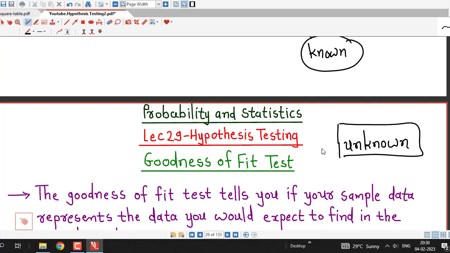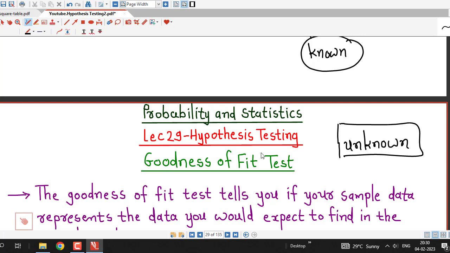So we can assume that our population follows a certain probability distribution, and under that hypothesis we can perform some test to check whether that assumed probability distribution fits the given population or not.